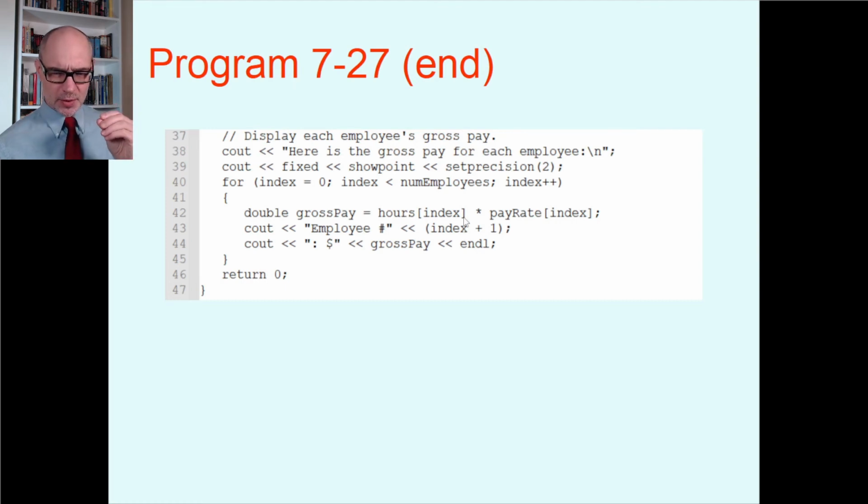But really the interesting thing here is line 42: accessing information that you've stored in a vector, and it just looks exactly like an array. The other alternative on that line is we could have used the at function. So I suppose we could have written hours.at(index) times payrate.at(index), and that would accomplish the same thing.